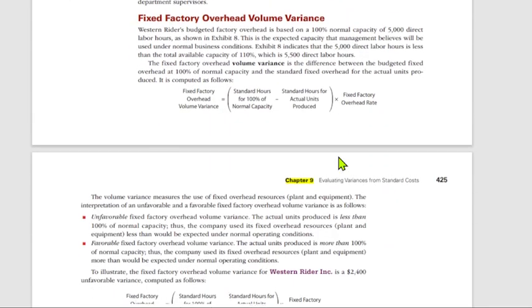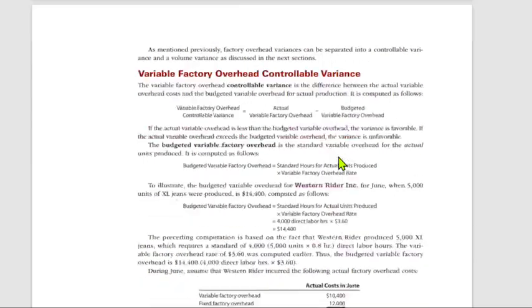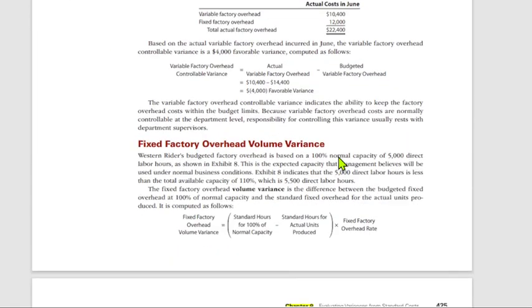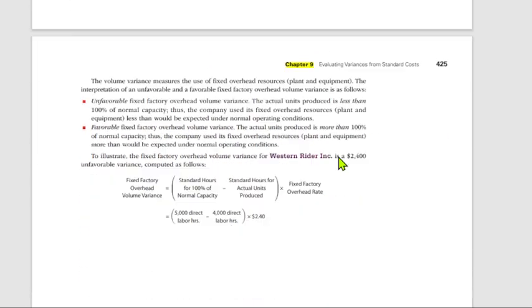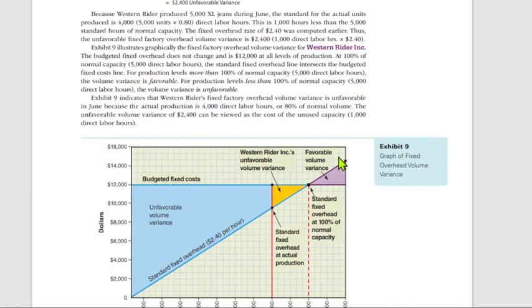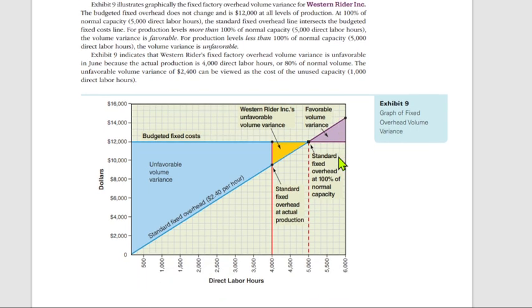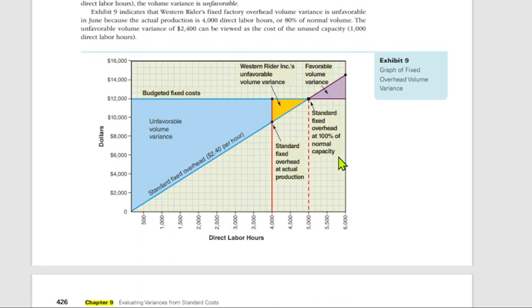Okay, the fixed factory overhead volume variance, the variable factory overhead controllable variance as discussed here. So how are we going to report cases of overhead variances? So yan ang titingnan po natin.